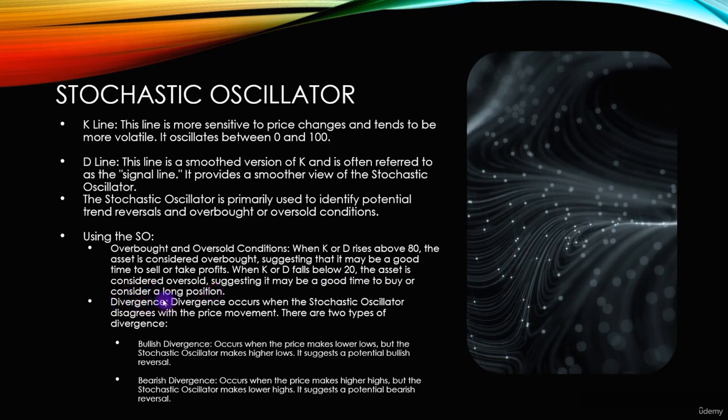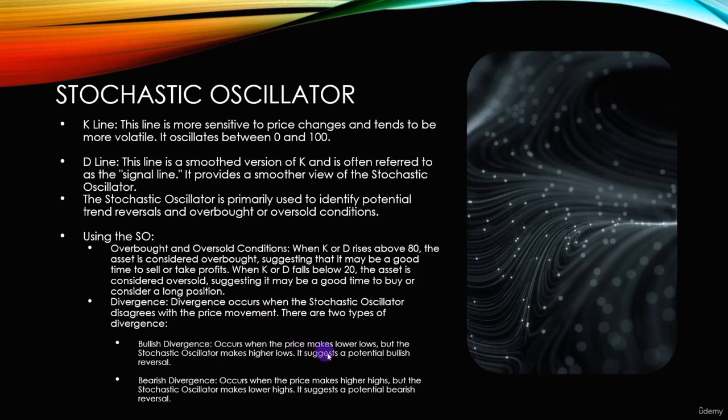About the divergence, this is where it becomes more interesting for this indicator. Divergence occurs when the stochastic oscillator disagrees with the price movement. So there are two types of divergence. The bullish divergence occurs when the price makes lower lows.